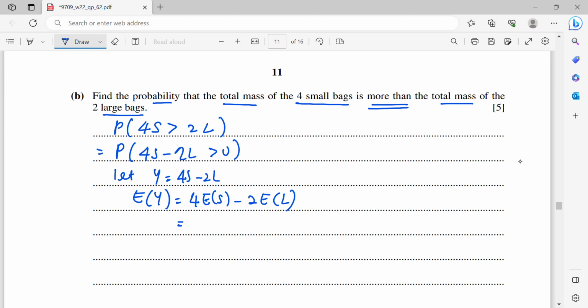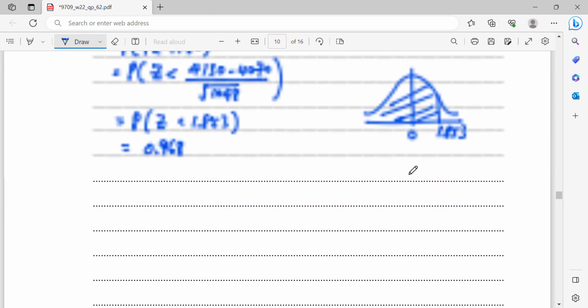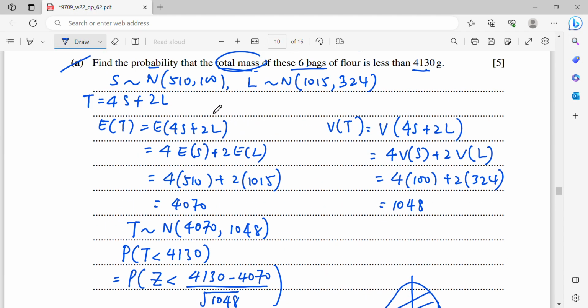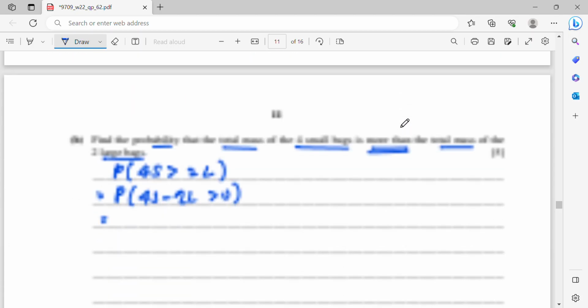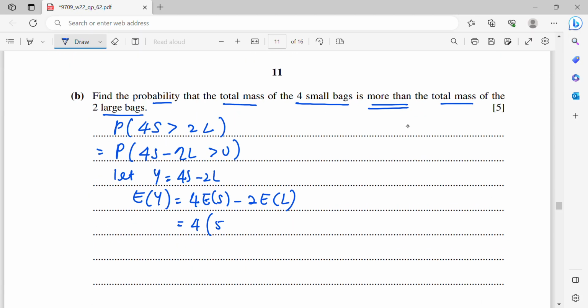So now replace the values. Expected S means the mean of the S, so the mean of the S is 510 and for the L is 1015. So 4 times 510 minus 2 times 1015. Then from here you will get 10.